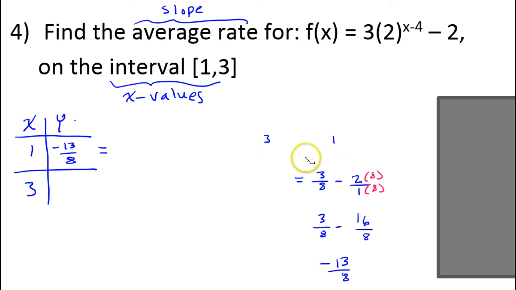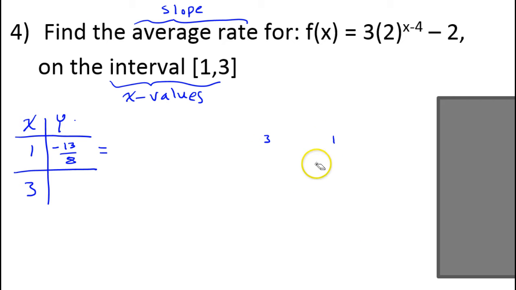Now I'm going to need this space, so I'm going to have to erase all this for now, because now I need to find the other y value. So this y value, again using the formula, will be 3 times 2 to the x minus 4 power, so that'll be the 3 minus 4 power minus 2.